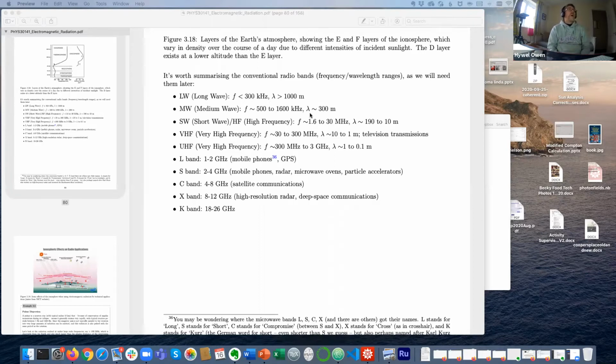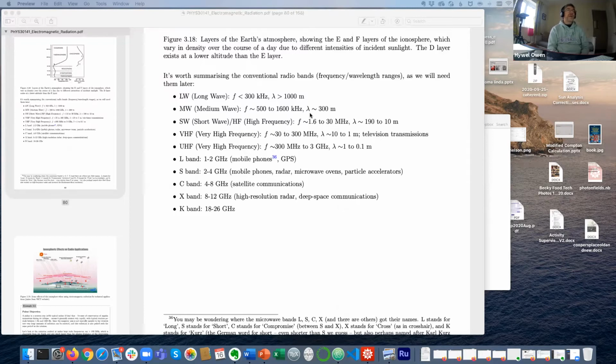Now, you're probably aware that your ordinary FM radio, you think about Radio 1, which is 98.9 or 98.3 or frequencies around that, those are given in megahertz. So those frequencies at FM radio can penetrate the ionosphere. So your modern FM radio can go through the ionosphere, but it's still quite low frequency.